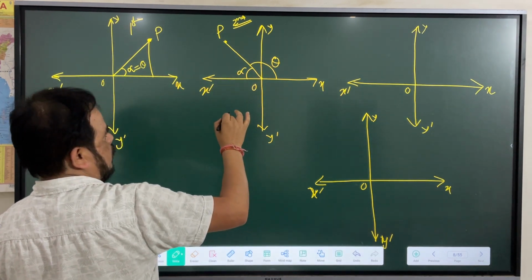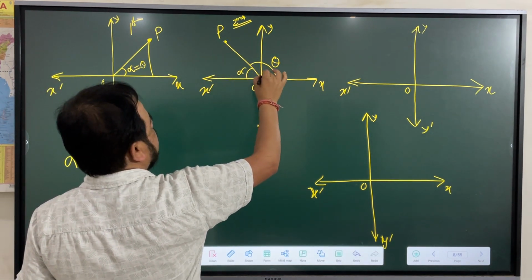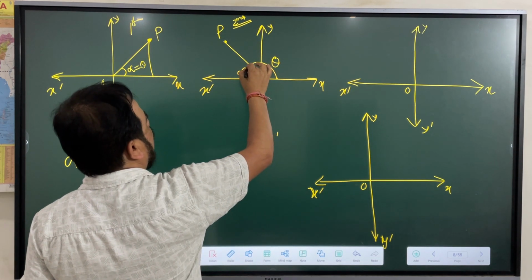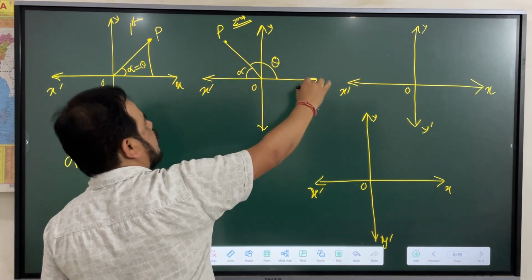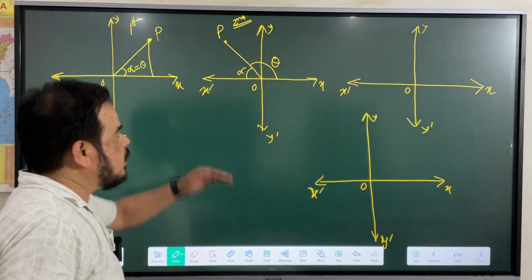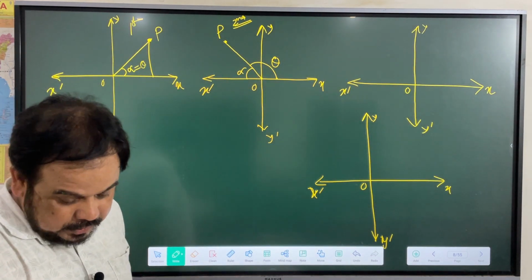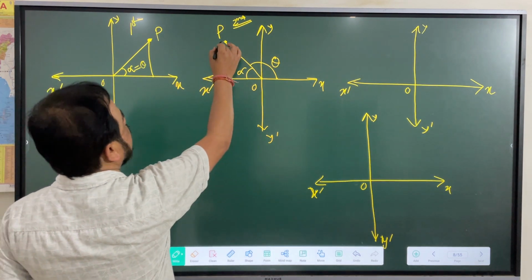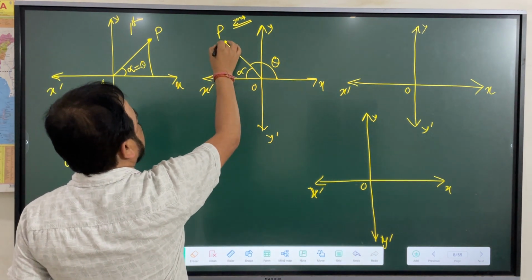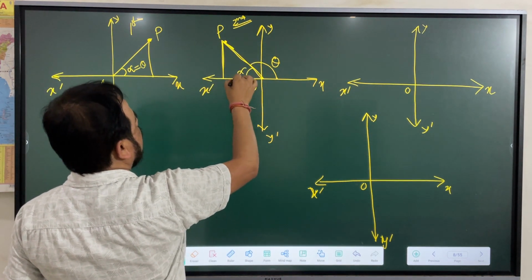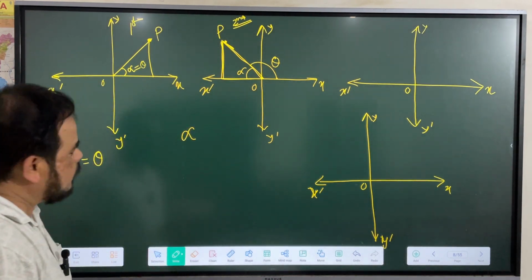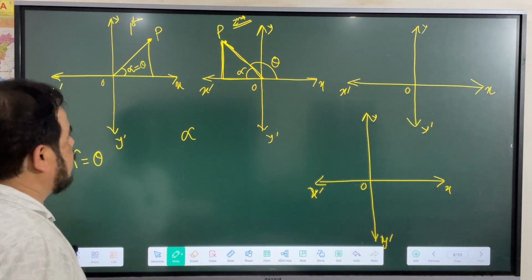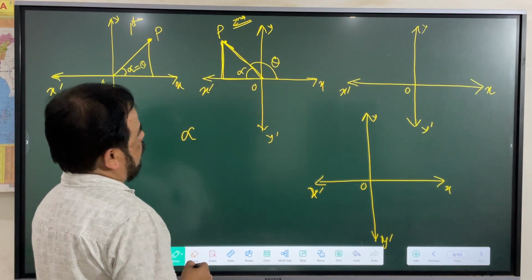This is the angle formed by OP with OX, but we cannot draw the perpendicular this way, so we will draw the perpendicular here. So we will try to find out alpha now. How to find out alpha now?